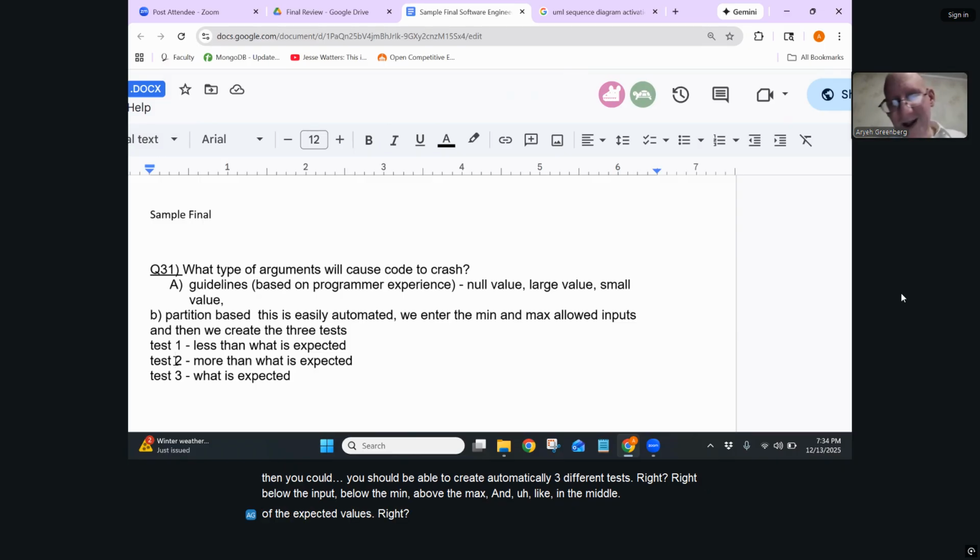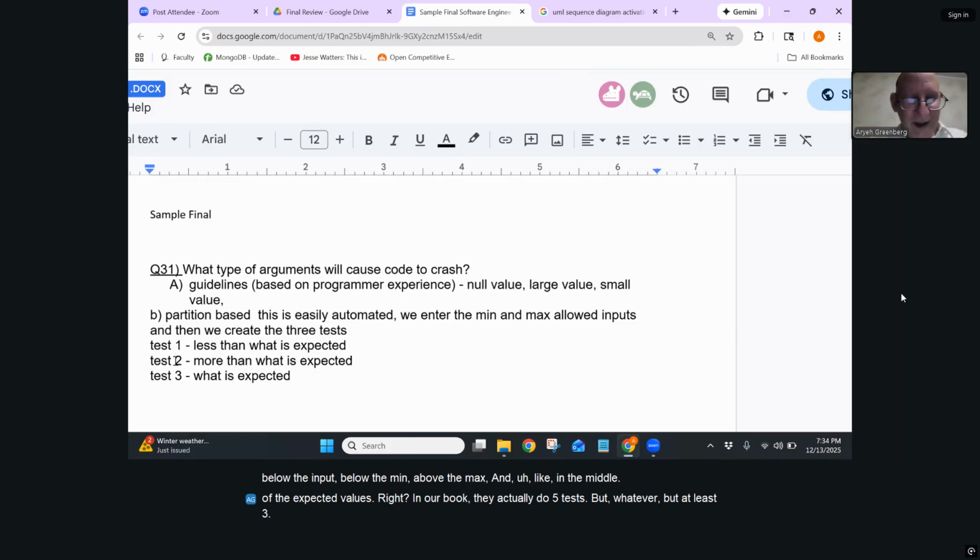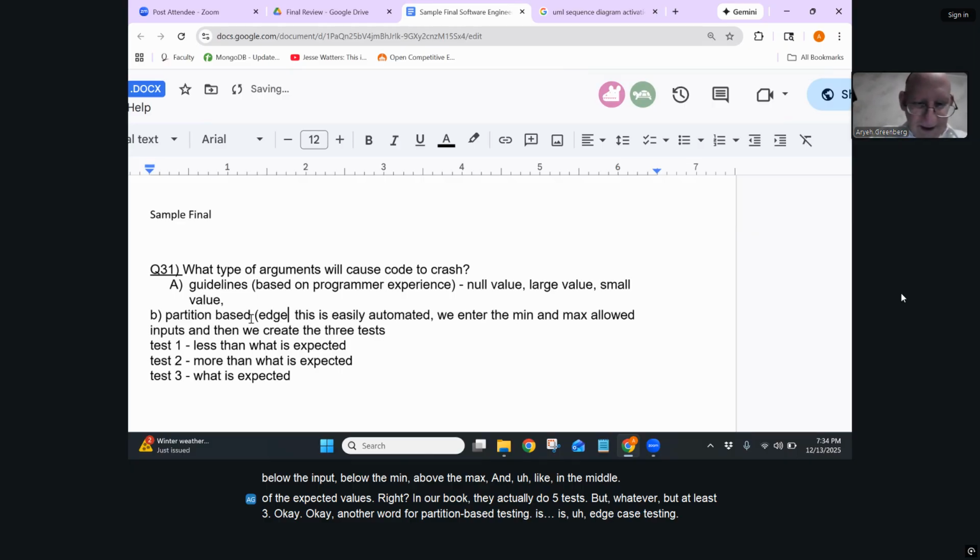In our book, they actually do five tests, but at least three. Another word for partition-based testing is edge case testing.